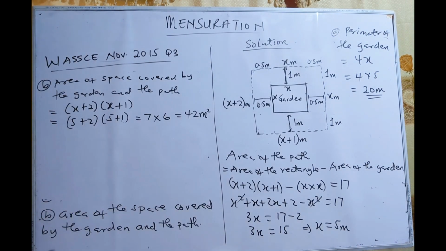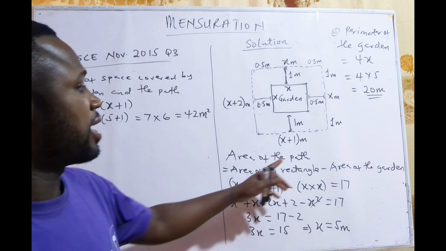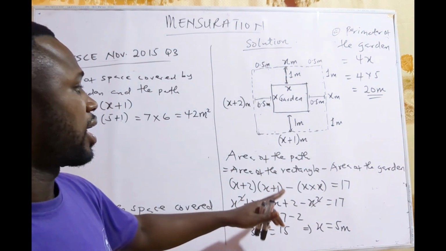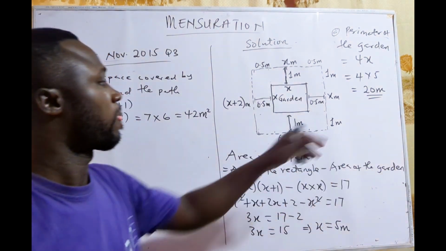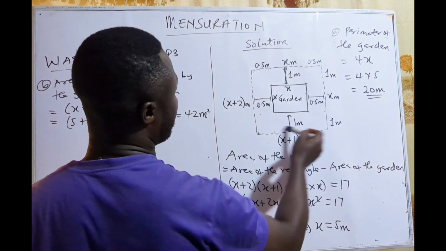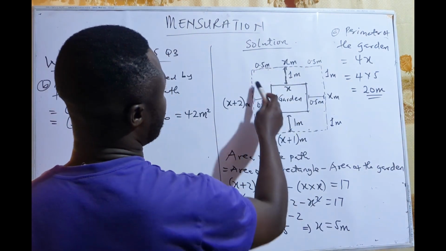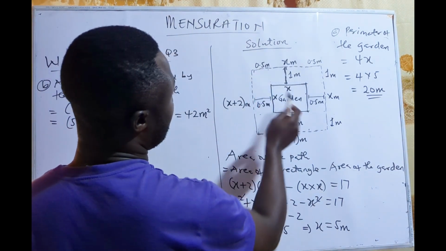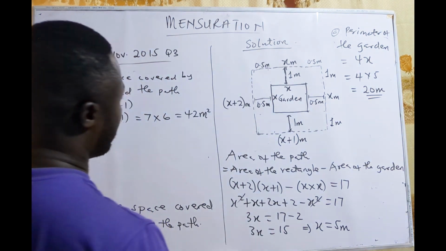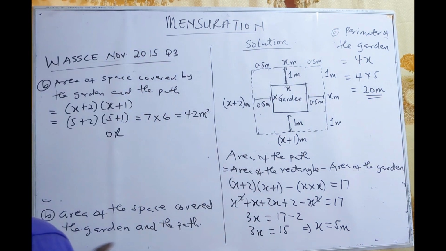Or, this is what we can also do. We are given the area of the path as 17. So you can take the area of the path plus the area of the garden, and that will give us the area of the space covered by the garden and the path.